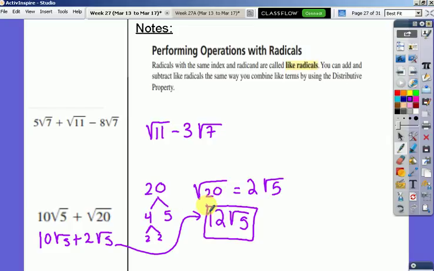Alright, any questions about combining like radicals while adding or subtracting? Treat them like terms. If there's anything you get out of this part of the video, treat like radicals like terms. They're not any different.